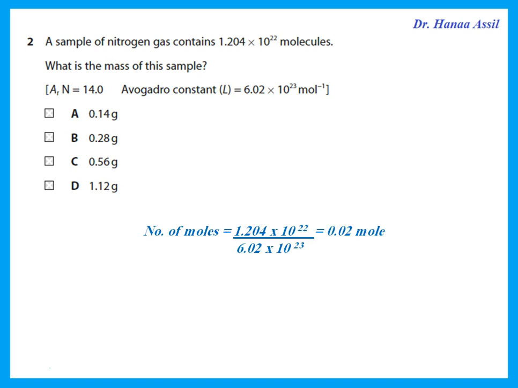So using that number of molecules, we can get the number of moles, and then he wants the mass, and you should know that mass is number of moles times Mr. Remember, this is nitrogen N2, so that is 14 times 2, so that means that the mass is 0.56.